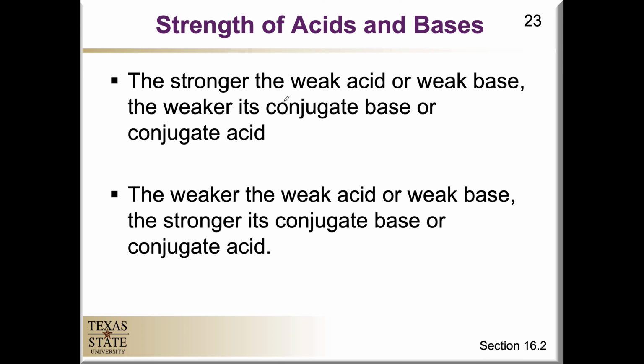We talked about the fact that the stronger a weak acid or base is, the weaker its conjugate is going to be, right? Similarly, the weaker a weak acid or weak base is, the stronger its conjugate base will be, or conjugate acid will be, I should say.